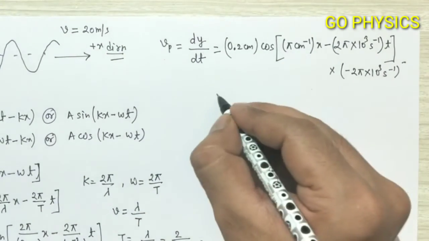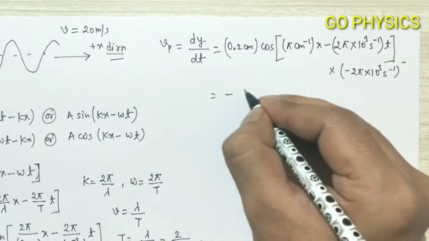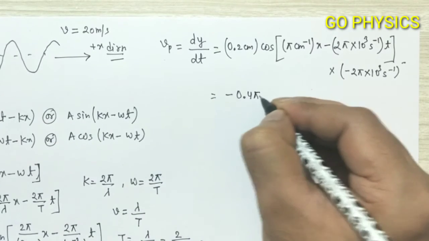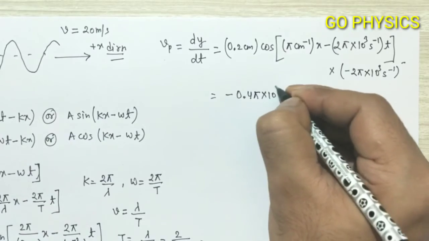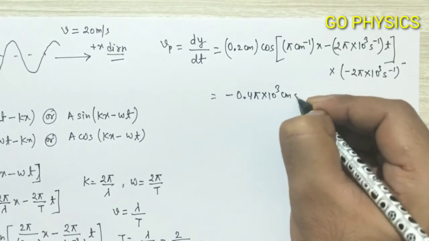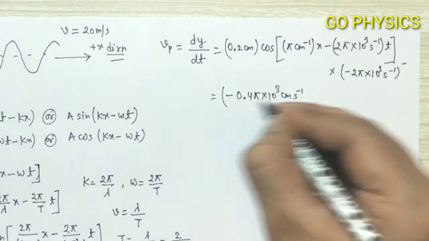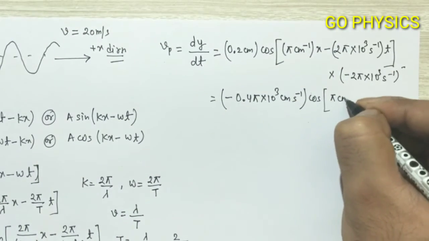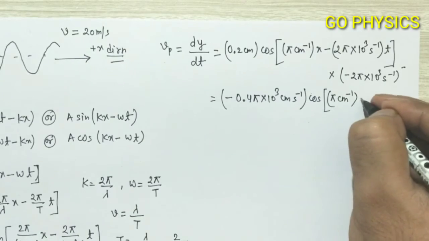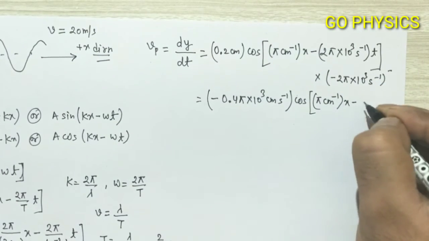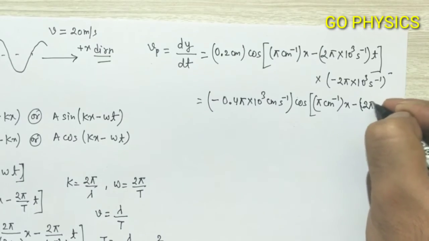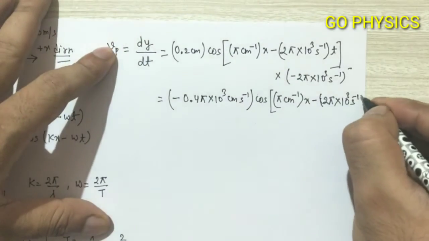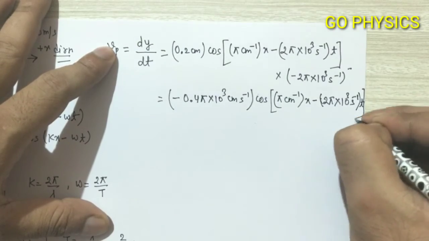So just simplify this. It will come out minus 0.4 pi into 10 to the power 3 centimeter second inverse into cos of whatever angle we have, (pi centimeter inverse x minus 2 pi into 10 to the power 3 second inverse into time).